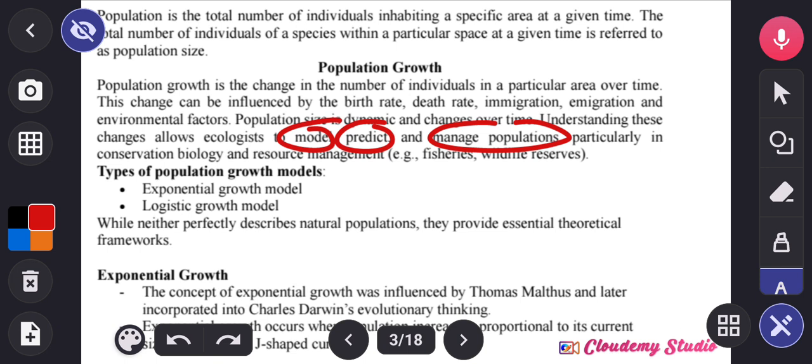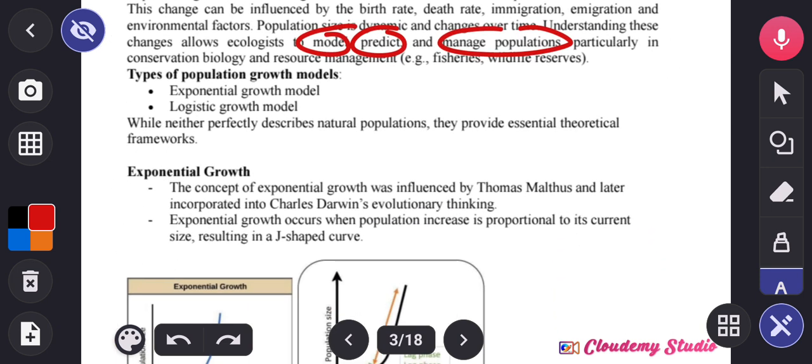Now, Charles Darwin, in his theory of natural selection, was greatly influenced by an English clergyman that we refer to as Thomas Malthus. You understand? Malthus published his book in the year 1798, stating that populations with unlimited natural resources grow very rapidly.